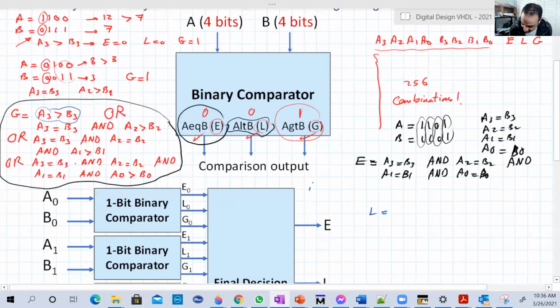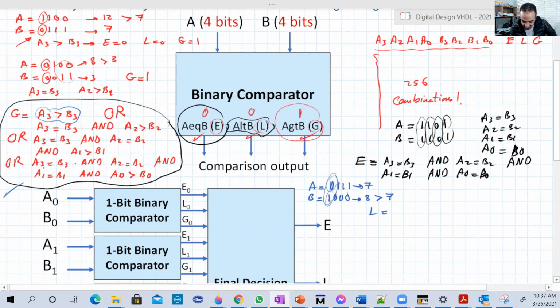Okay, so for example, A is equal to 0, 1, 1, 1, and B is 1, 0, 0, 0. This is basically 7, and this is basically 8. And of course, 8 is greater than 7. But look, here A is less than B. Okay, why? Because A3 is less than B3.